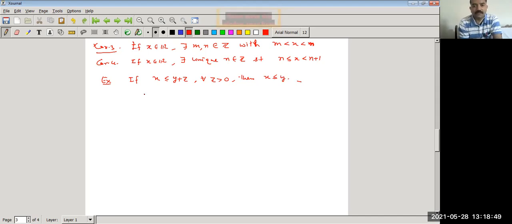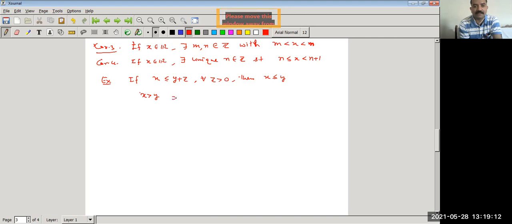So if x is less than or equal to y plus z for all z greater than 0, then x must be less than or equal to y. So we try to prove this result by contradiction. So let, instead of x less than or equal to y, we consider x greater than y.